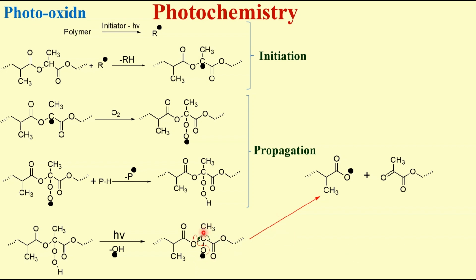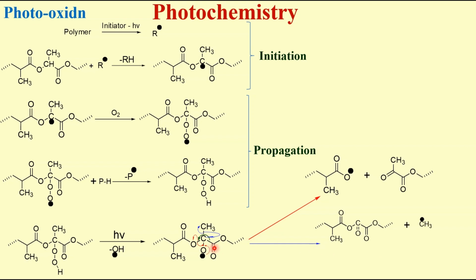This is also a beta position. The one electron can move towards the carbon, giving rise to methyl radical, and this remaining radical combines with this oxygen and it gives an alpha dicarbonyl compound along with the methyl radical.